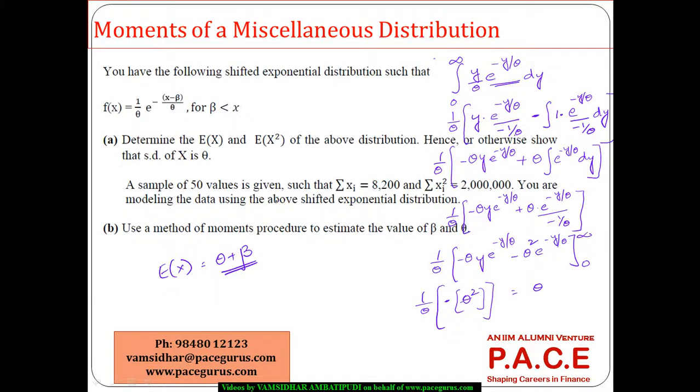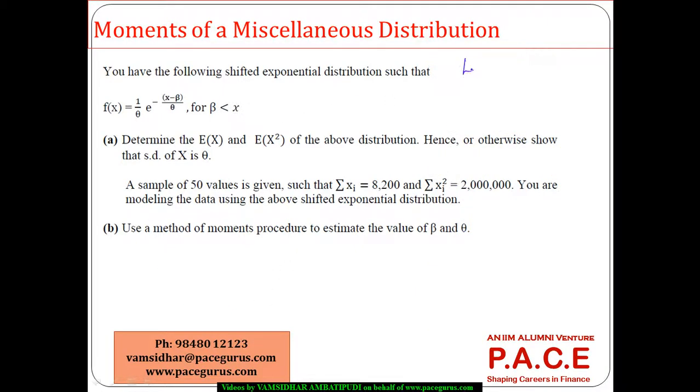Fair enough. Now I am supposed to find the expected value of x squared. I'll do the same workout. Integral from beta to infinity, so for x squared it becomes x squared times f of x: x squared by theta e to the power of minus (x minus beta) by theta dx.